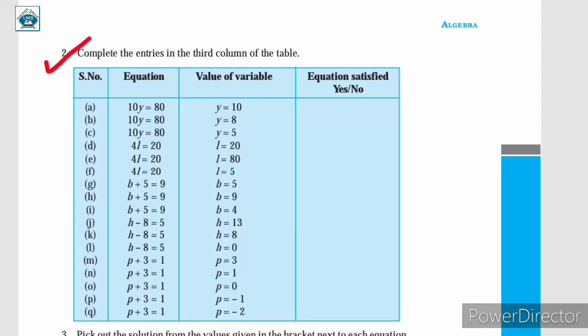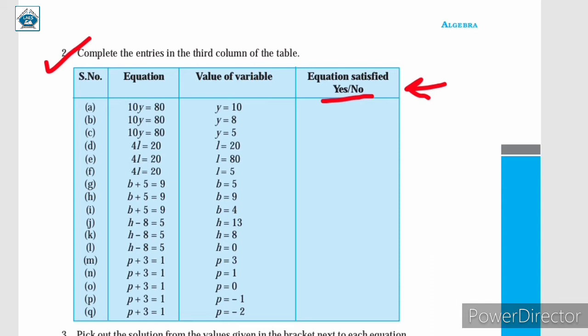Question number 2. Complete the entries in the third column of the table. So in this question we are given a table and in the third column we need to complete the entries. That is, we need to tell whether the equation is satisfied, yes or no. A similar type of question was discussed by us in the previous class.